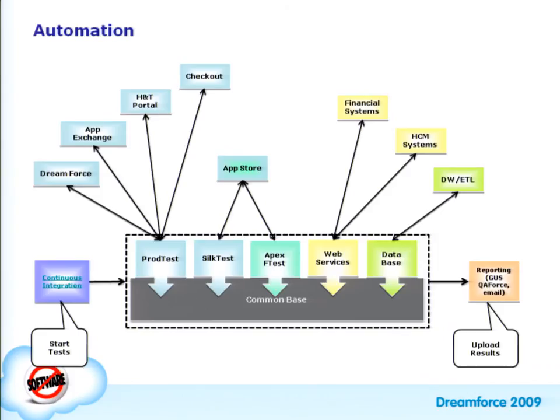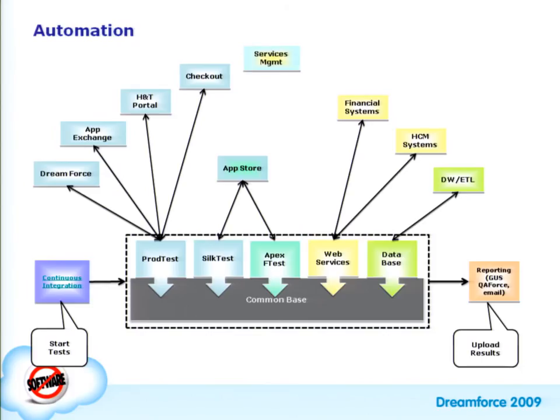For a Dreamforce application, it's usability. There are more users, so the UI interface is more important. So we decided to focus on prod test, whereas the developer would focus on the F-test. So we share our responsibility within the Scrum team. But if you take an application like App Store, which is a back office application, we use Apex F-test. We have some self test because of our third-party integration with Commersion.